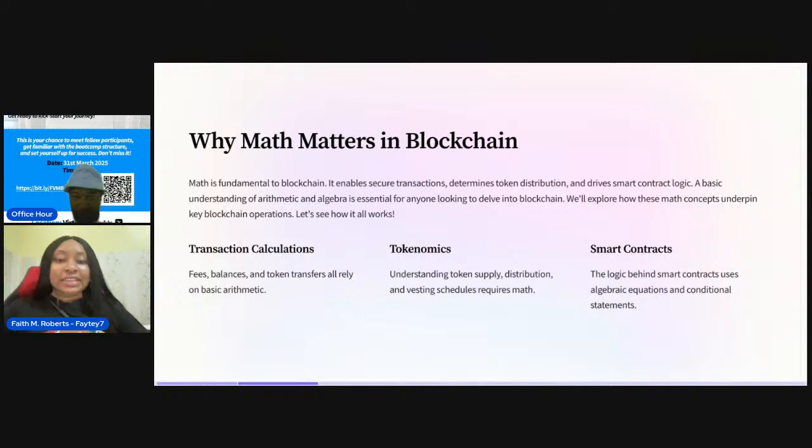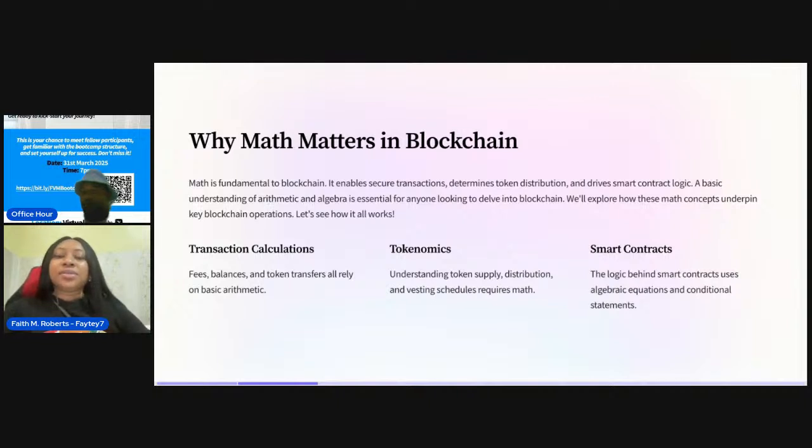No two nonces are the same for every form of transaction, to make sure that each transaction piles up over the previous transactions. And also for calculation of your gas prices, your gas fees, gas limits, token transfers and the rest. All these are done using mathematics.